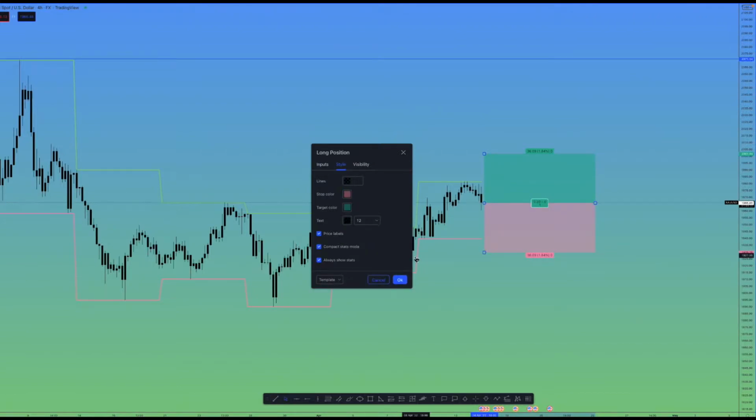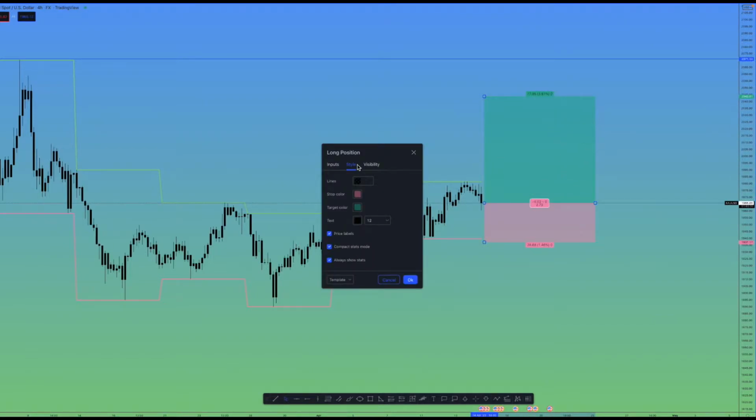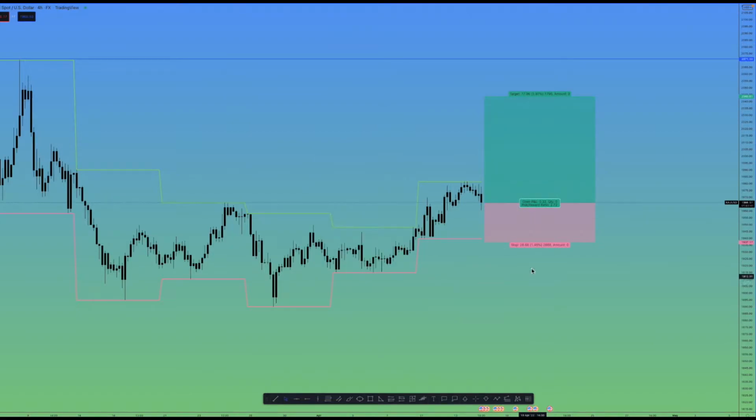To be clearer now. Okay, we can use this tool to start to measure things and to start to potentially look at some of the details. Now, you can adjust this, like this compact stats mode, you can turn this off and you can see some more details there. So we can start to measure this thing.